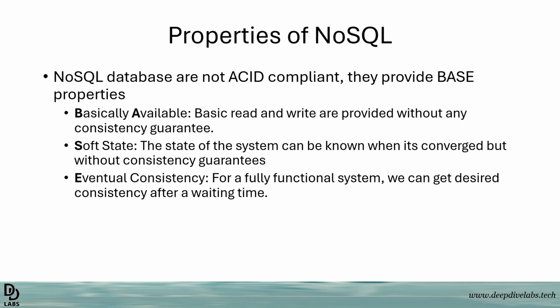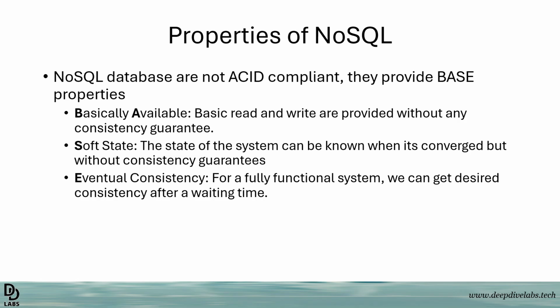When you have multiple transactions happening, the system only eventually turns consistent. For a fully functional system, you get the desired consistency only after waiting for a period, not at every transaction level.